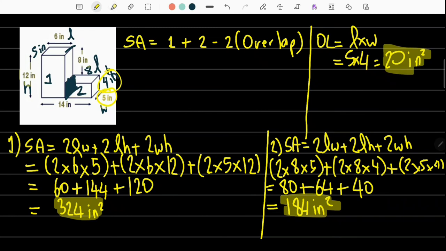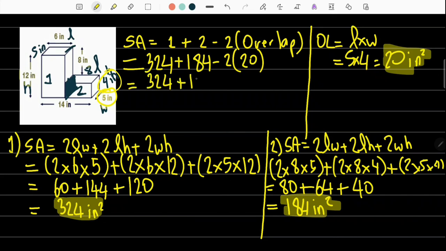Now we have found everything that we need. Let's put it in the formula that we first wrote down. For figure number one, we have 324, plus figure number two, we have 184, minus 2 times the overlap. Our overlap is 20, so that gives us 324 plus 184 minus 40.